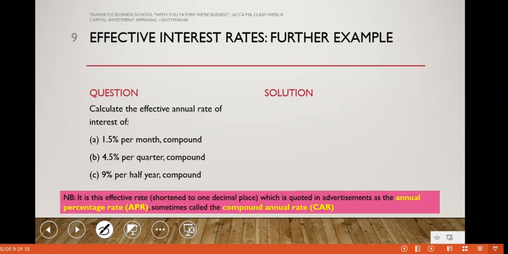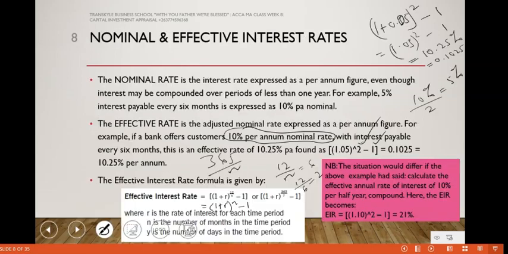All right, let's do an example to illustrate the point. Calculate the effective annual rate of interest of 1.5% per month compound. Remember, I've forgotten something here.